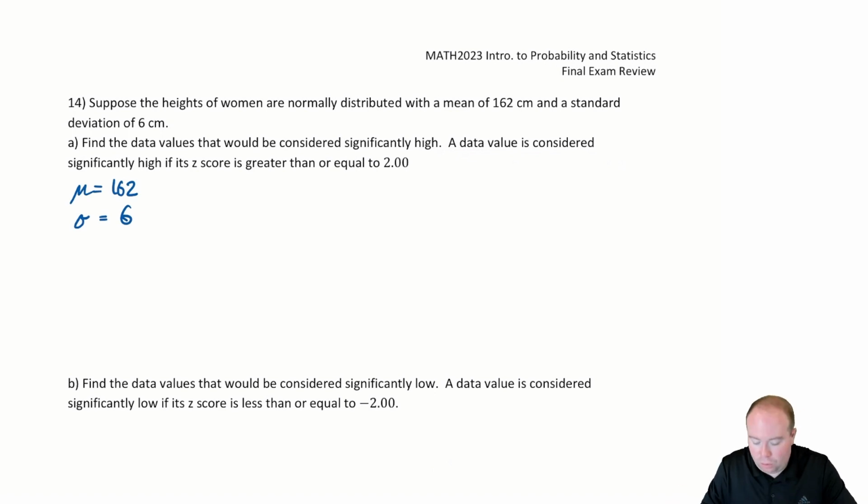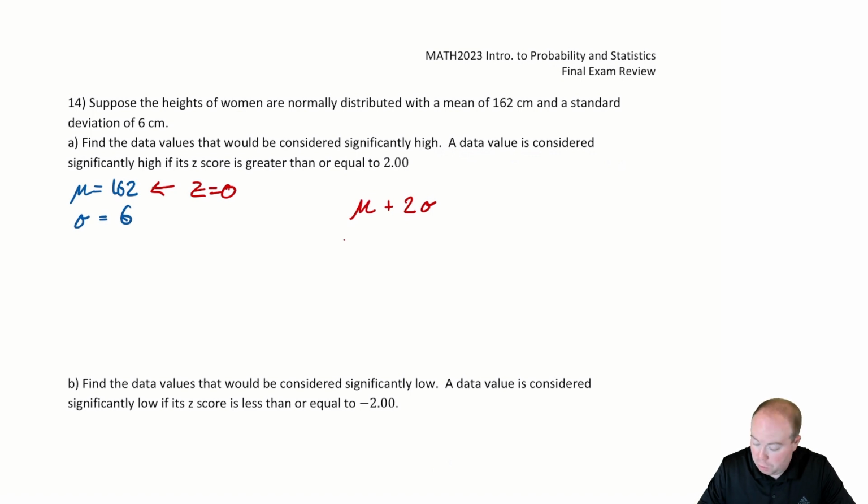So, I mean, you could go ahead and set up the formula, I think is how it explains it in the notes, but I found many students prefer to just look at it this way. So this right here, let me do this in a different color. The mean has a z-score of 0. So to get significantly high, I have to take 162 and I have to add 2 standard deviations to it. So let's just put it in symbolic form.